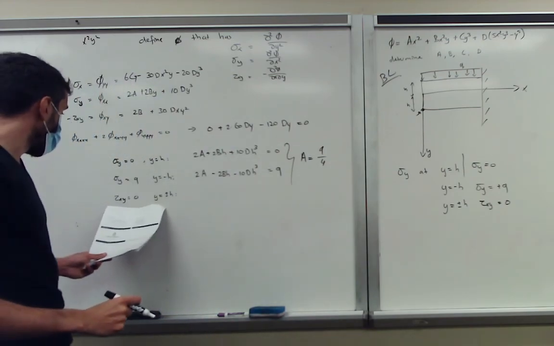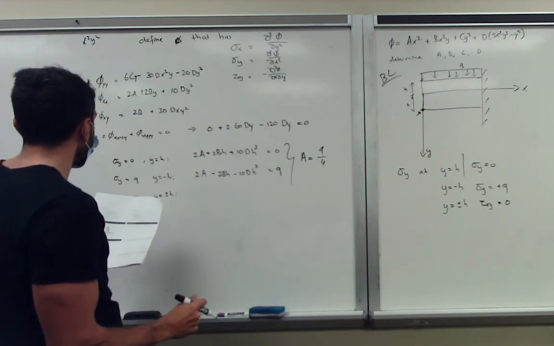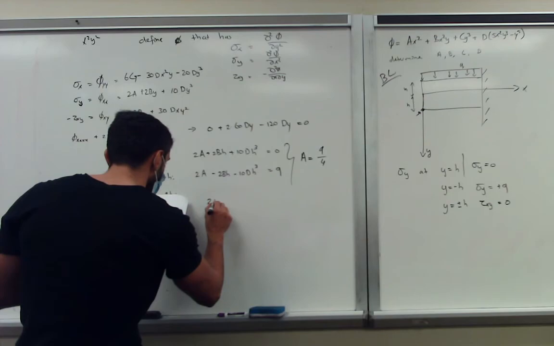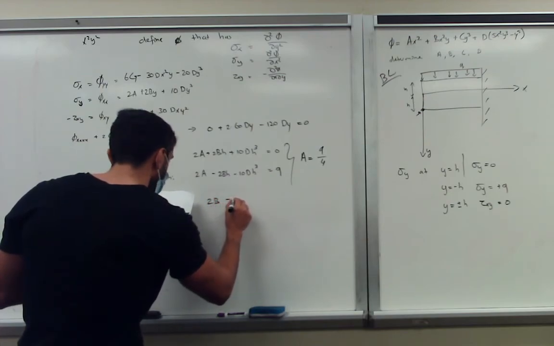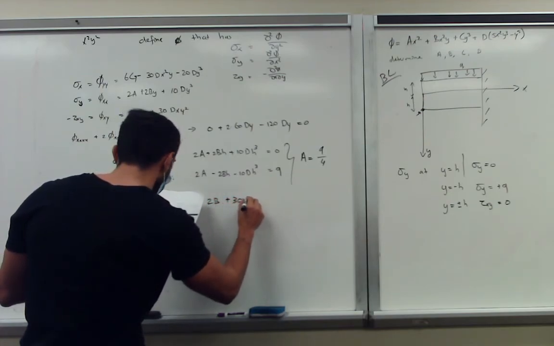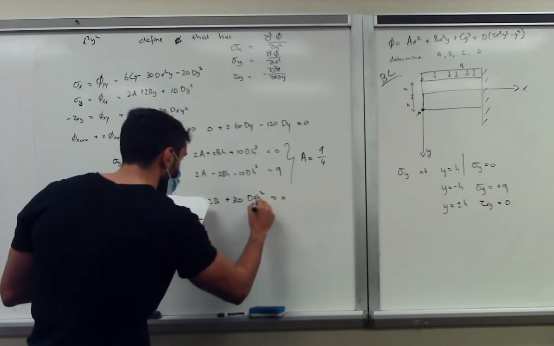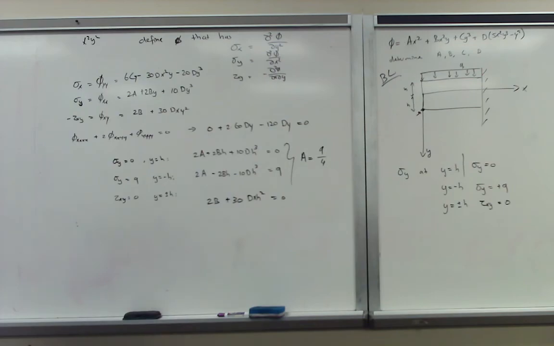Now we can use our tau xy. We get 2b plus 30 dh squared is equal to 0. But we have an x here, so I'm wondering what x conditions we have.